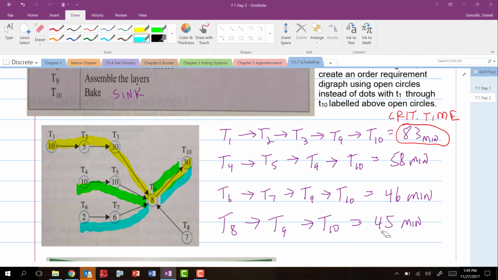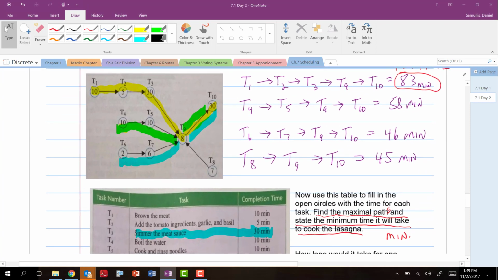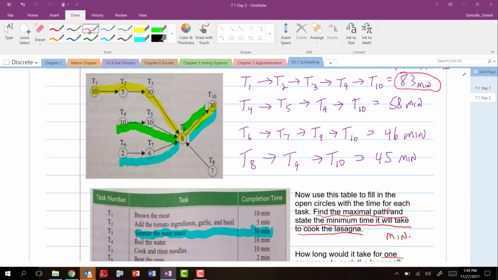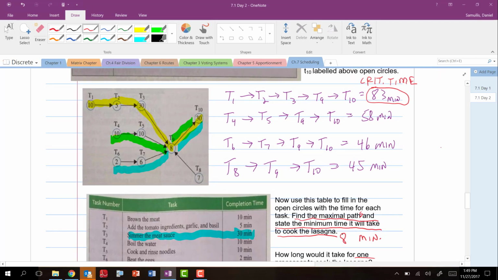If I got 2 or 3 people working on this, they could start working on separate tasks, and it could be possible that we could get this done in 83 minutes. So that is what finding all the maximal paths is, which means I could possibly get this done in 83 minutes. It can't be any lower than that, though.